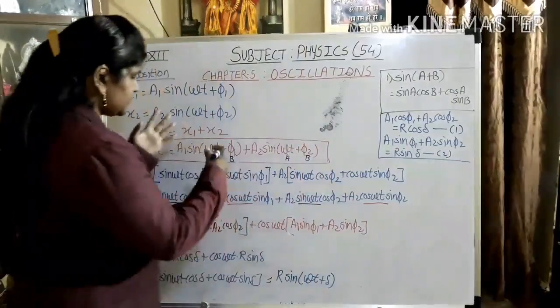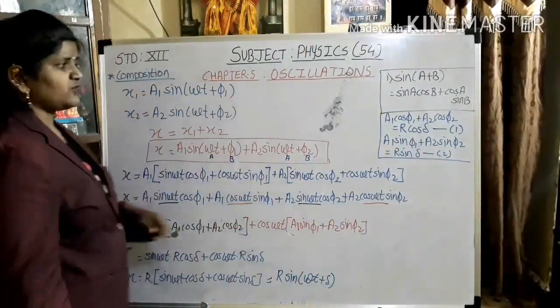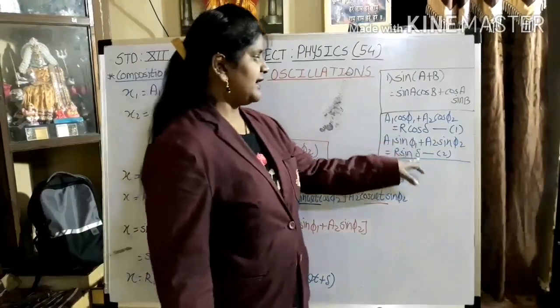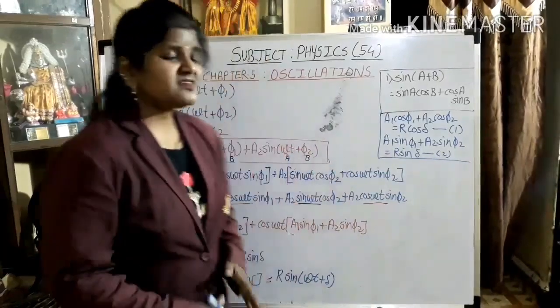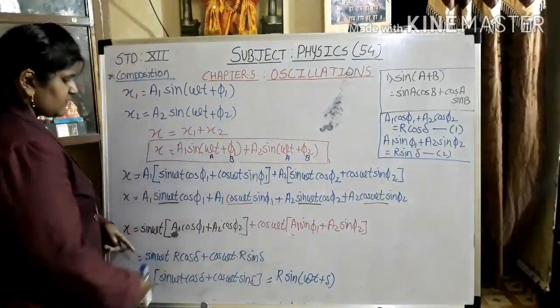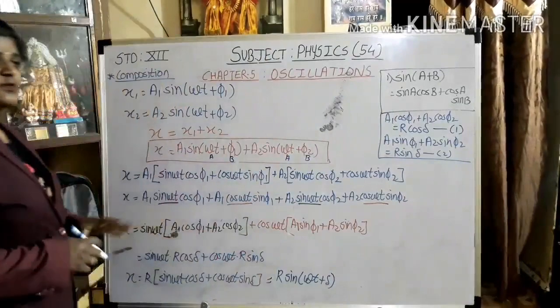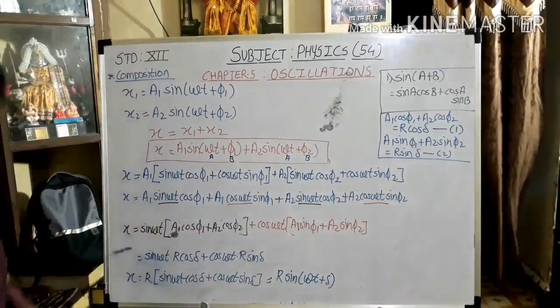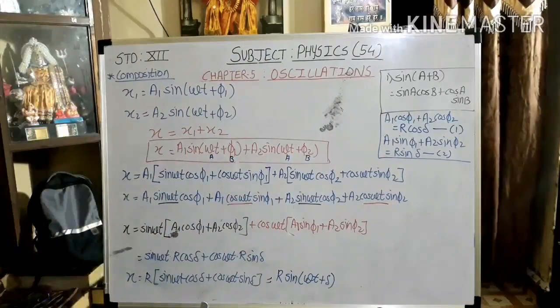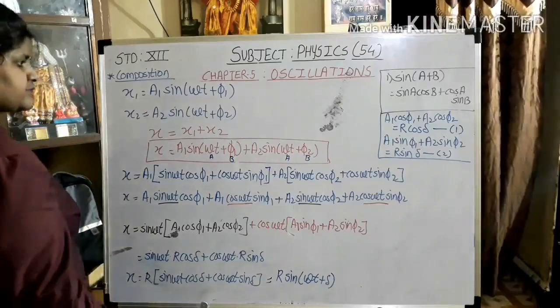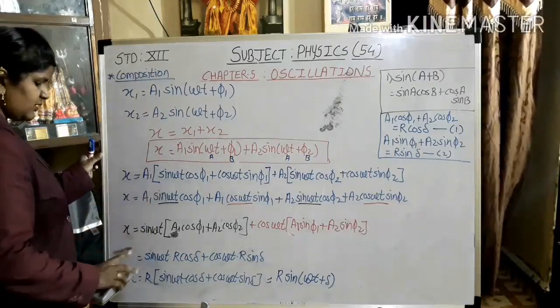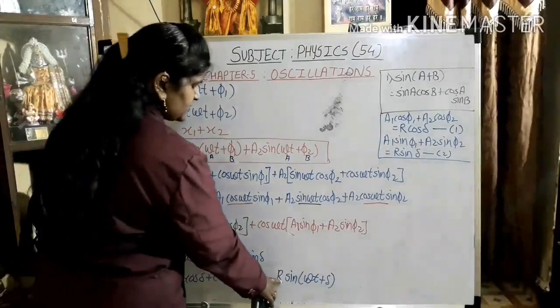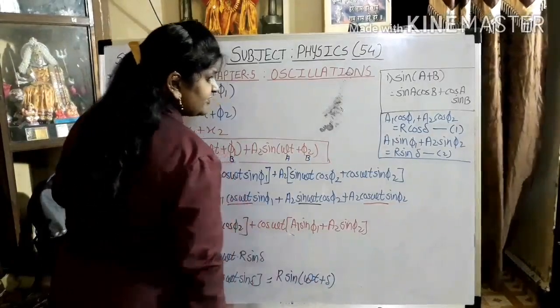So after doing all these things, we are going to find out the values for r and delta. So please have a look at the board, so that I can rub the board finally. Okay, I will rub the board right now, and we are going to find out the values for r and delta.